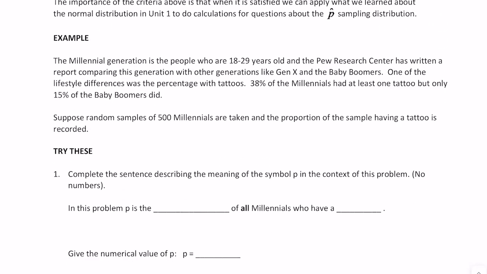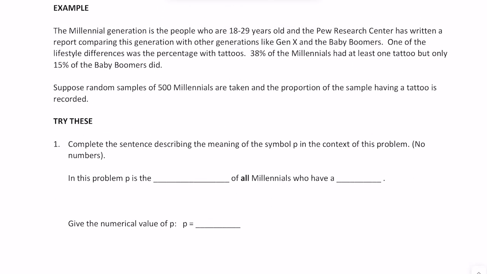All right, so let's look at an example here. If you want to pause the video, that would be a good idea, and then we'll do it together. The millennial generation is the people who are 18 to 29 years old, although that would be a little different now. And the Pew Research Center has written a report comparing this generation with other generations like Gen X and the baby boomers.